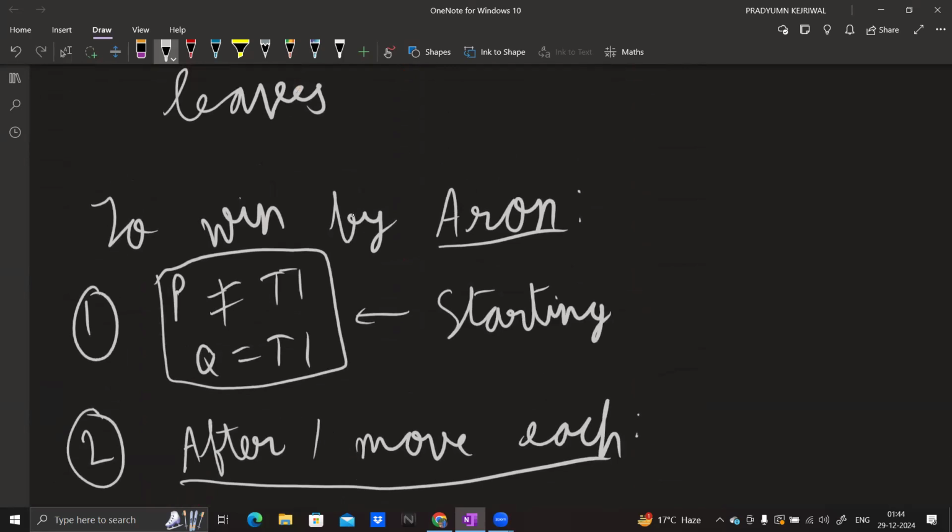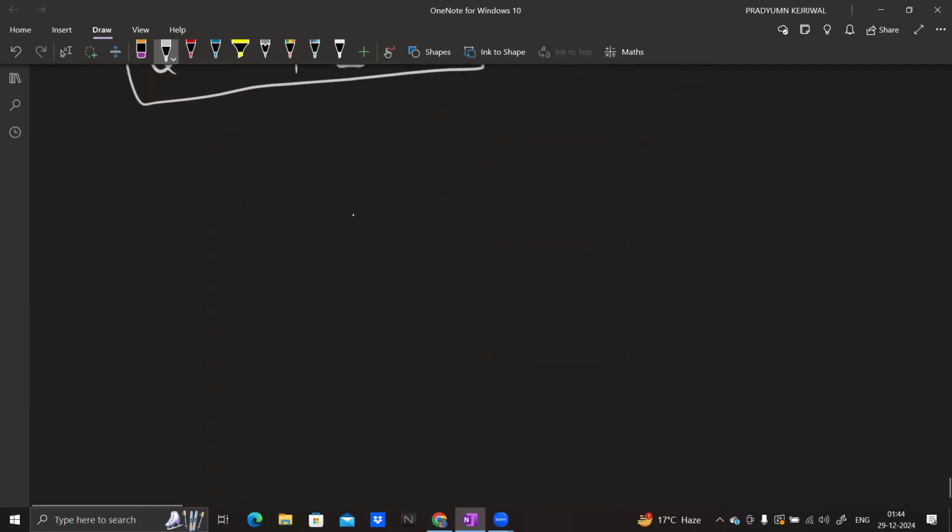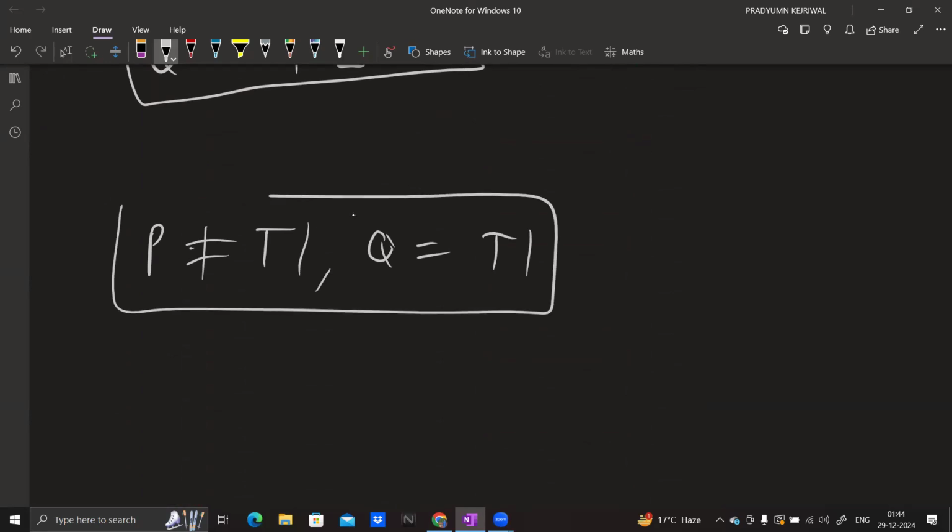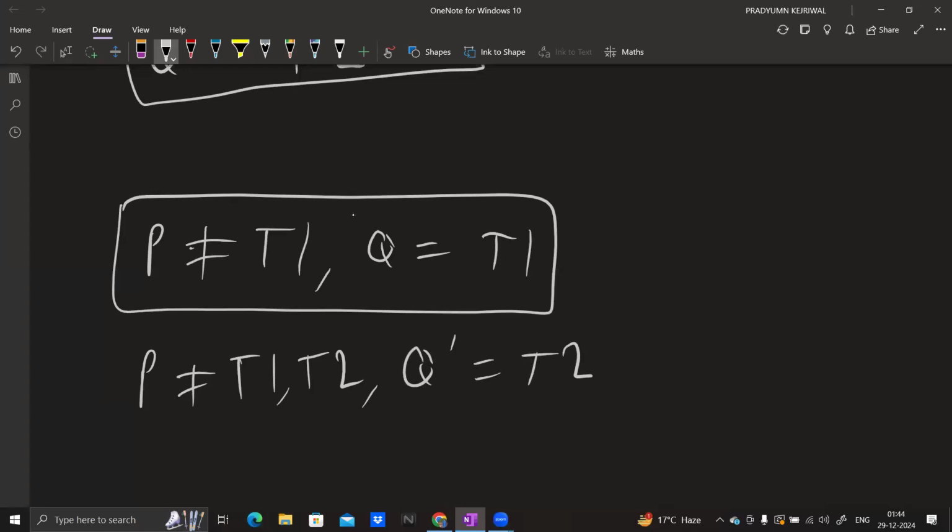Let's write it here. This one says P is not equal to T1 and Q is equal to T1. This is one condition. Another condition is that P is not equal to T1, T2, and Q dash equal to T2. This is the second condition.